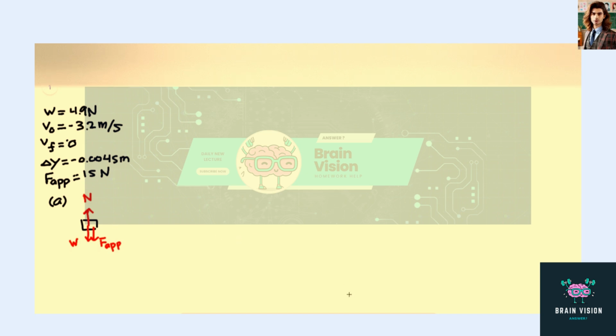Moving on to part B, we can turn this into a solvable equation using Newton's third law. F is equal to ma, but F is really the sum of the forces. That's normal force minus the weight minus the applied force, all equal to ma.